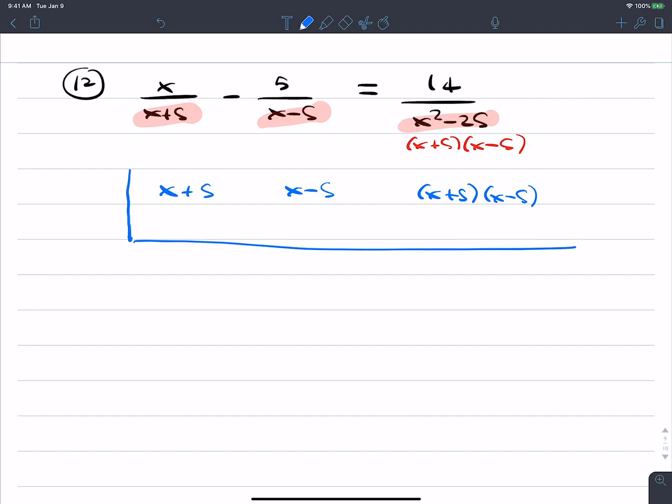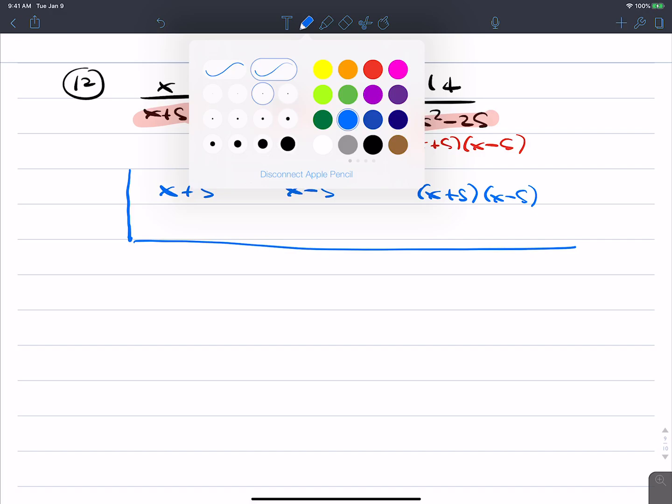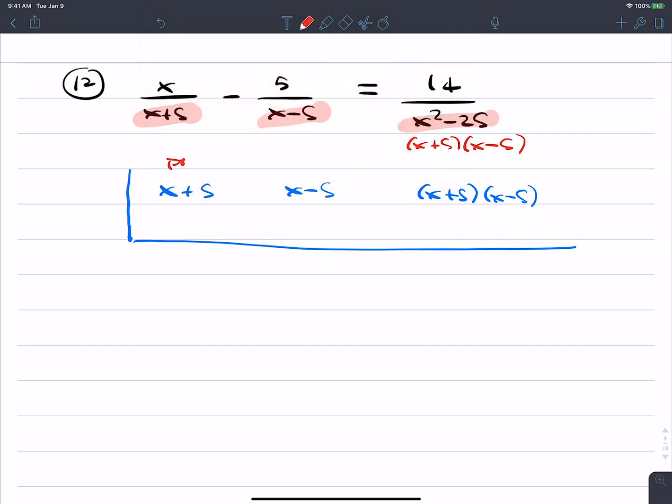How do you guys want to think of this again? We went through this one. If you want, notice a couple of things here. This term was prime. This term is prime. Is that right? And this is a product of those two prime terms.